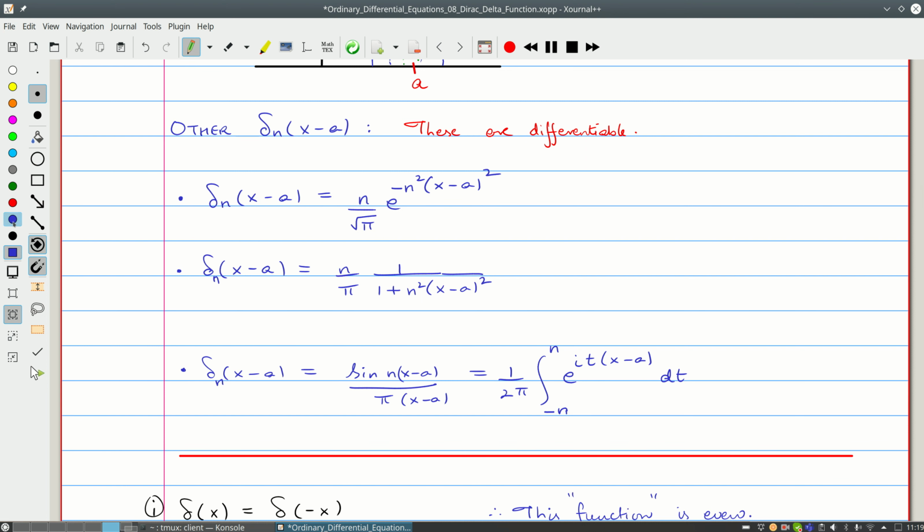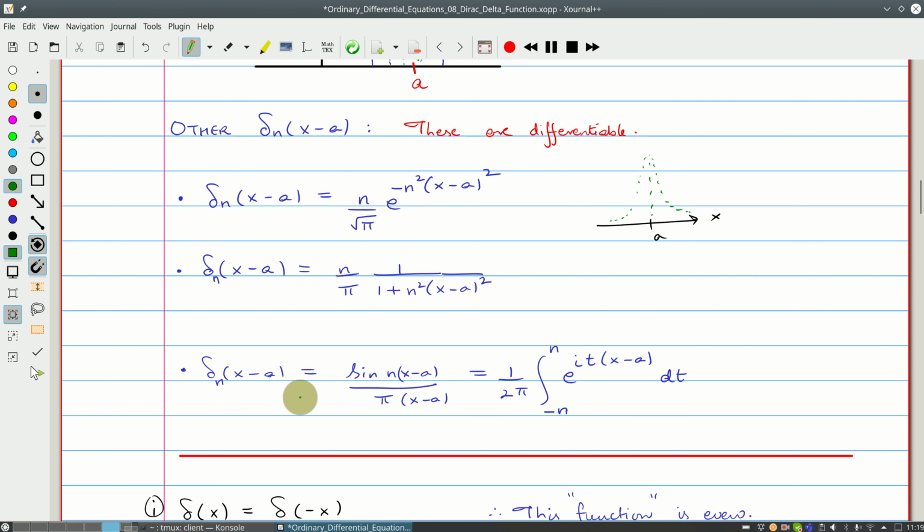So it's a normalized Gaussian, and this is what it looks like. If I drew an axis, this is my x-axis, this is a, then this function is a Gaussian centered at a. And as n gets larger and larger, it gets more and more peaked, but also much taller. So in the end, it becomes a Dirac delta. This is another way of writing down a Dirac delta.